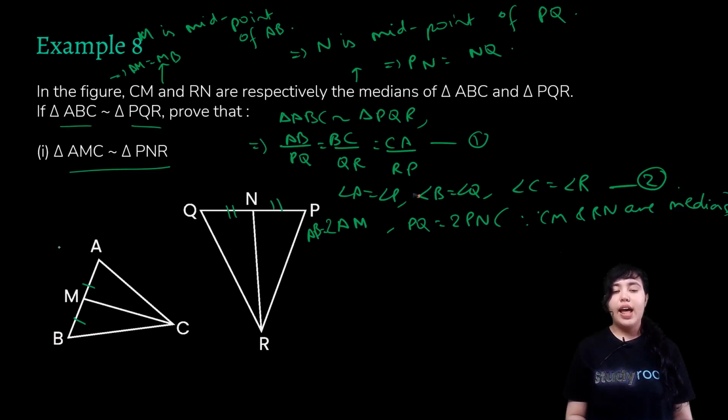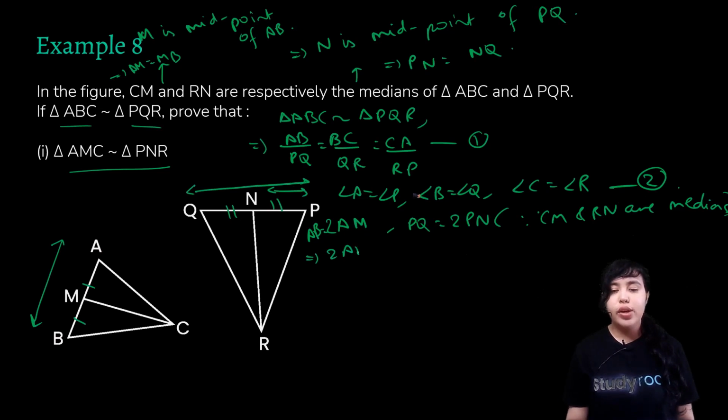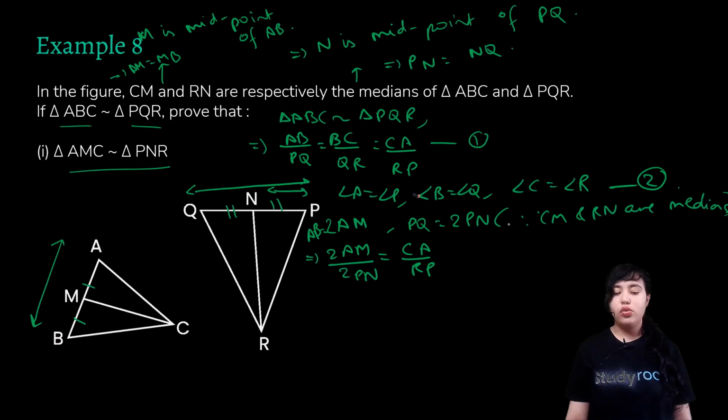That's why this entire side AB will be equal to 2 times AM, and this entire side PQ will become 2 times PN. With this I can say that 2 AM upon 2 PN, if I take these ratios, is equal to CA upon RP. We are basically making use of equation number 1 over here.